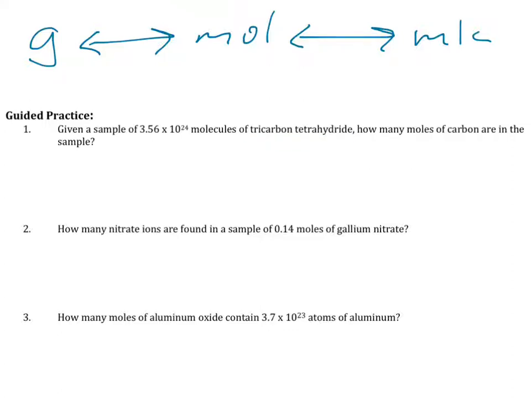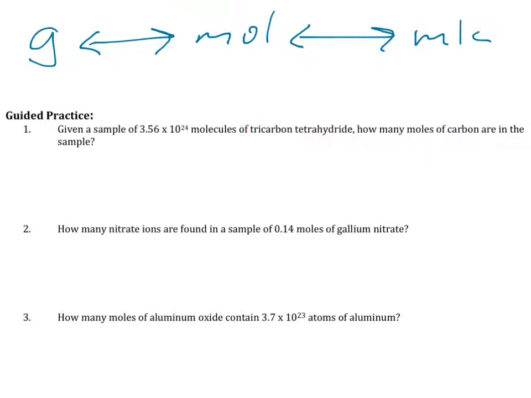But if it gives you just atoms, like carbon atoms, then you treat it like we used to, where we would go from grams to moles to atoms. However, if it gives you a molecule and it's asking for atoms, so it's asking for moles of a specific element, this is where we have to do something a little bit different.